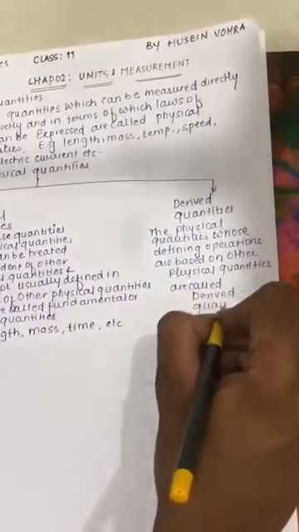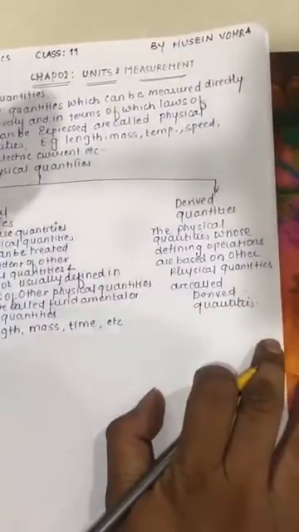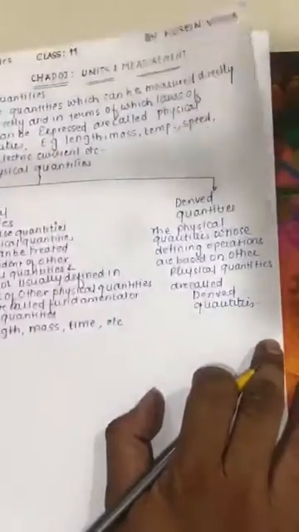Simply, to define those quantities you require additional fundamental quantities. Such quantities are known as derived quantities.